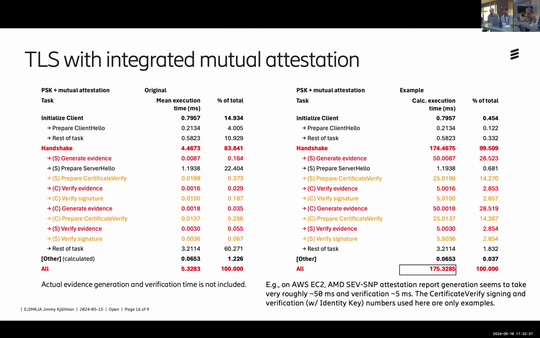So how much does it cost? I've seen the number. We have some numbers here. Yes, these are actually partly synthetic. On the right side, it's measured numbers to which we have added numbers, but not for the attestation.